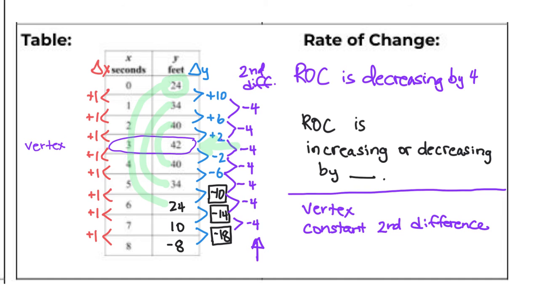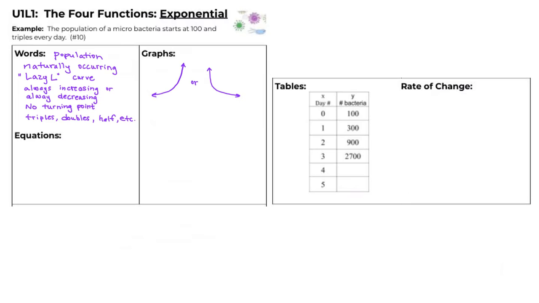When looking at why our table is a quadratic table, if it has a vertex, a turning point, and not a constant rate of change, but the second difference is constant, then we know that it is a quadratic function. And I've summarized that right here.